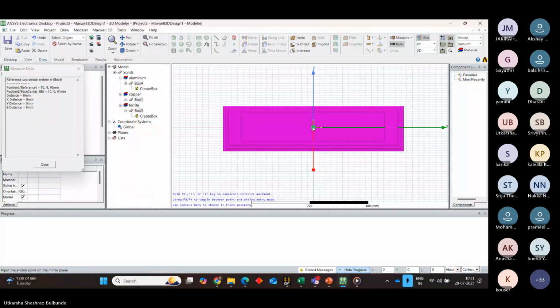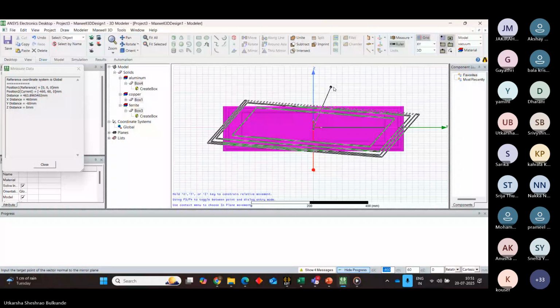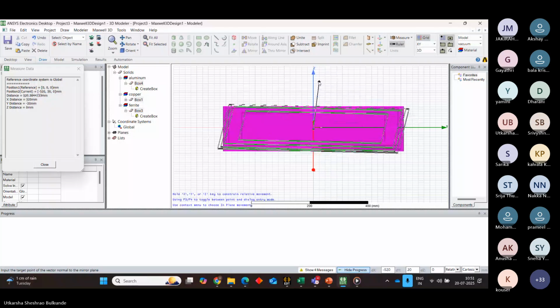Okay. When you press tab, you can see at the bottom right corner of the screen there is dx, dy, and dz. So there you can just set the position.